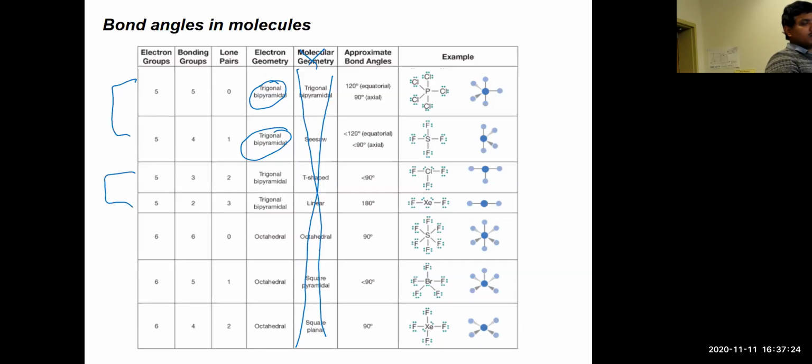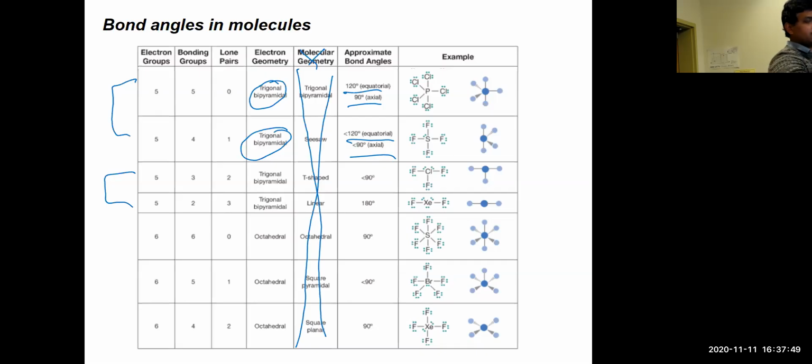Set of 2. So the first set is working fine because they have very similar bond angles of 120 and 90, and 120 and 90, because you were only adding one lone pair from the first example to the second example. But in the next 2 cases, the shape is drastically reduced from having 3 bonds in here.